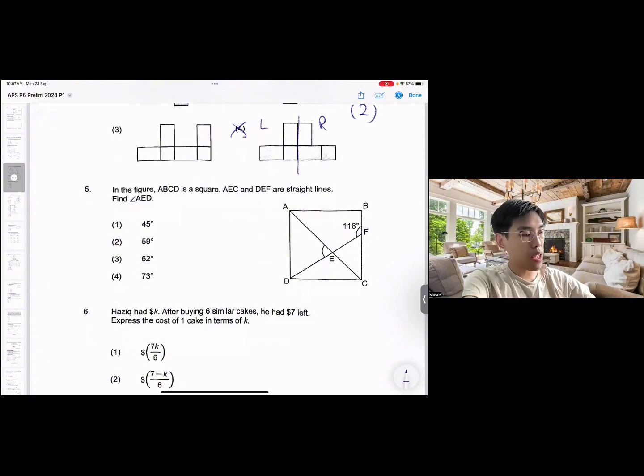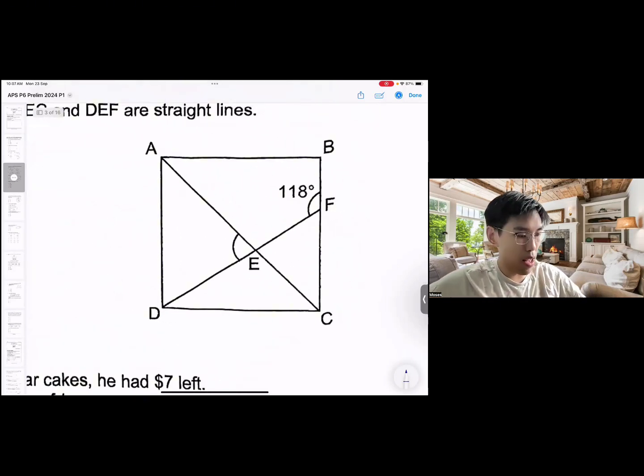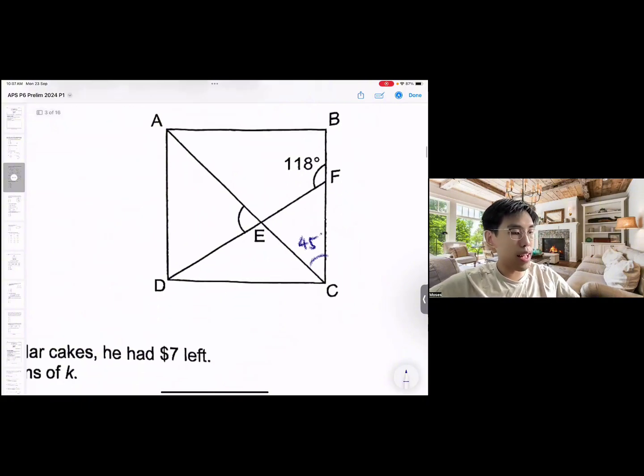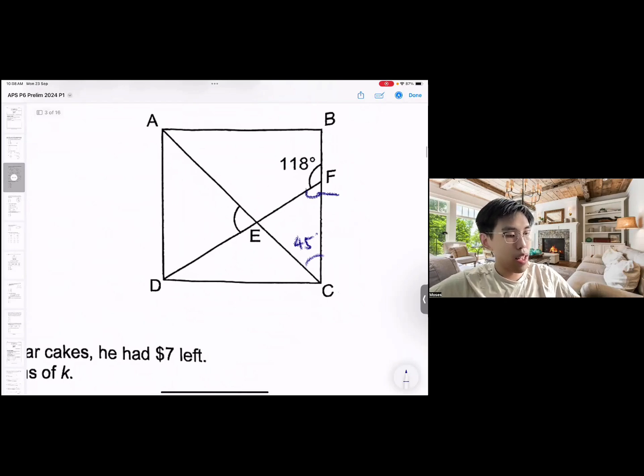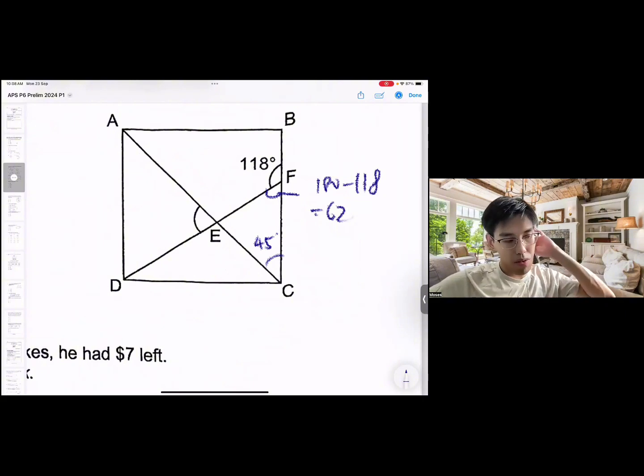Question 5. In the figure, ABCD is a square. AEC and DF are straight lines. Find angle AED. This one is quite interesting, because there are a couple of things we need to point out. Number one, we must see that angle FCE is 45. Then we can also see that angle EFC is 180 minus 118, which is 62.